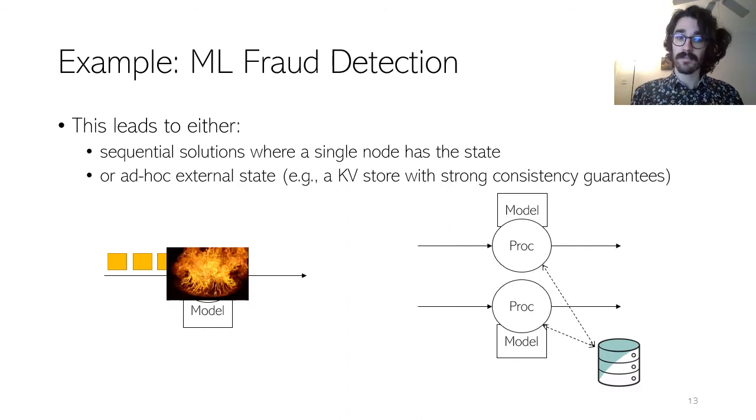Or alternatively, we can use an ad hoc external state, like a key-value service with strong consistency guarantees, that we can contact in our application code to synchronize. However, the problem with this is that existing systems then do not know anything about the state, and this messes up both parallelization and their fault tolerance guarantees.